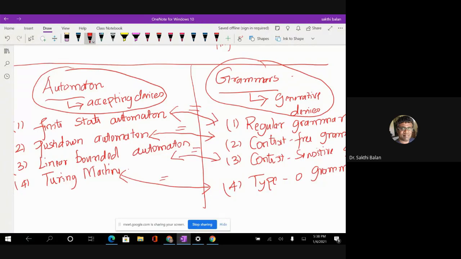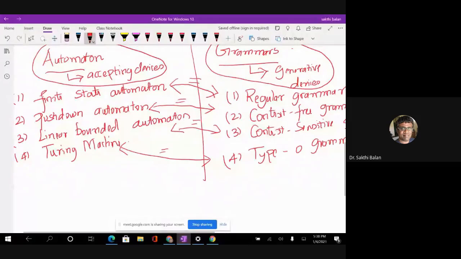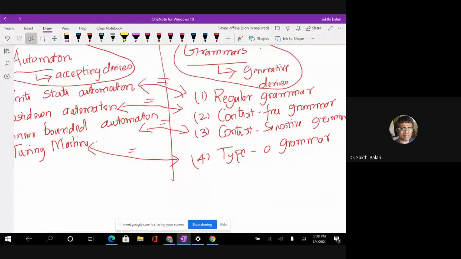Okay, so when we look at the grammars, first the grammars were defined in the linguistics area, by Chomsky. Chomsky is a linguist, and he's an American.